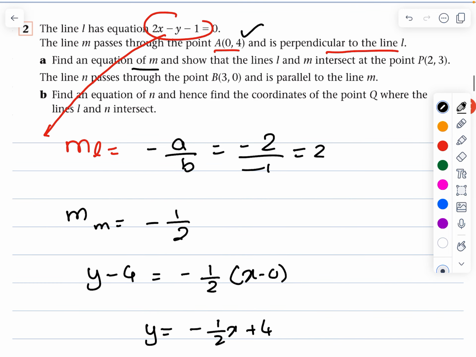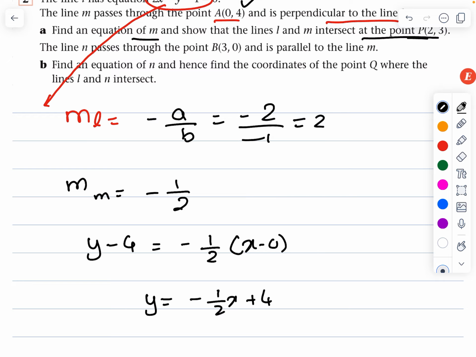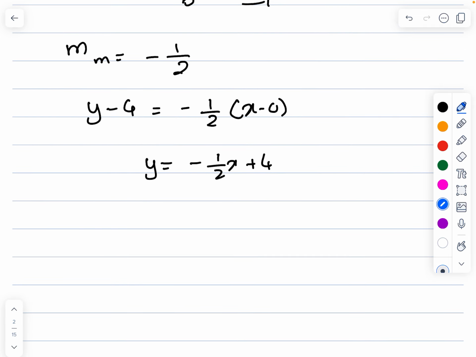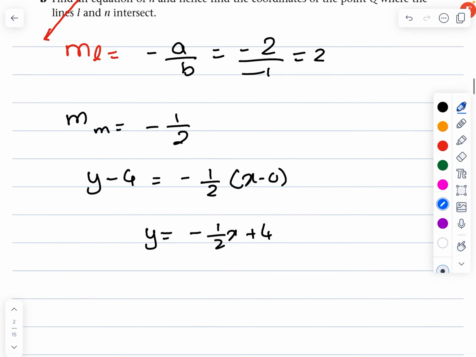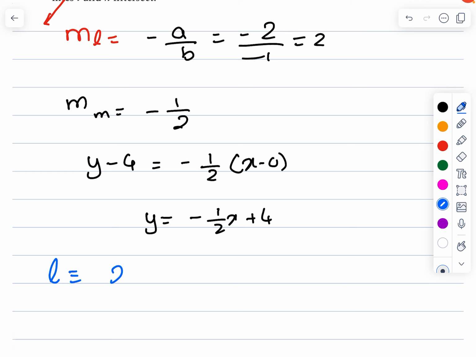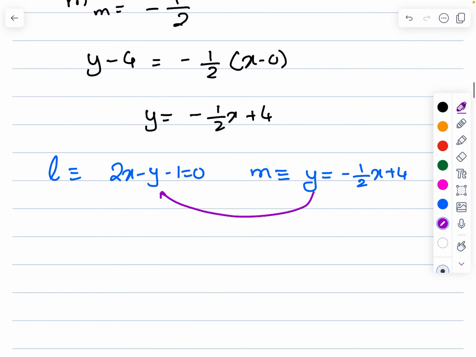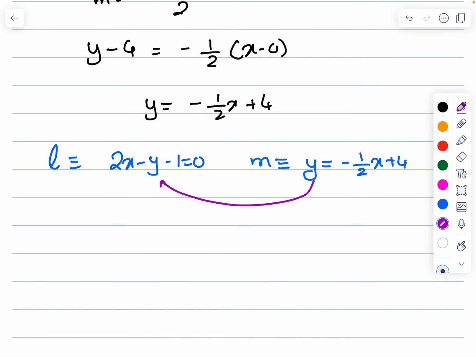Show that L and M intersect at a point P. So now we have the equation of line L as 2x minus y minus 1 equals 0 and M as y equals -half x plus 4. What can we do? Plug in y over here. So 2x minus (-half x plus 4) minus 1 equals 0.